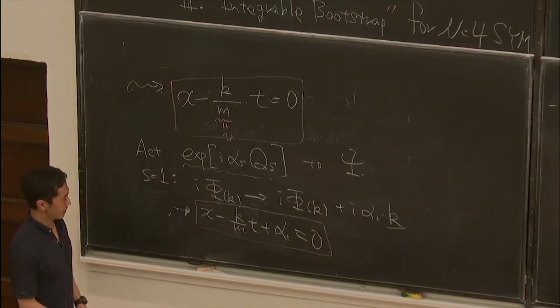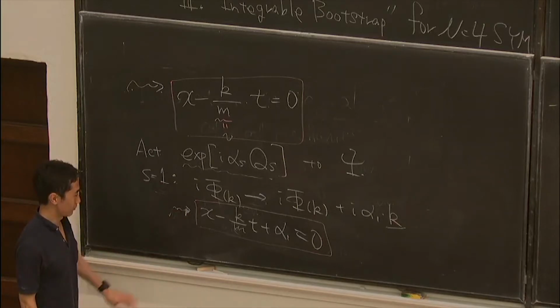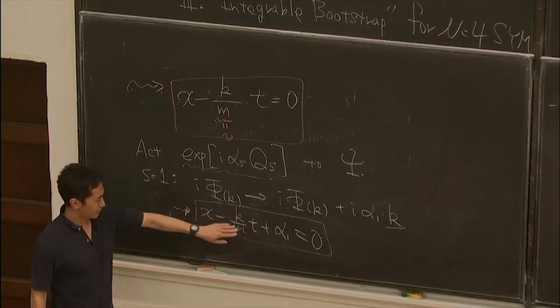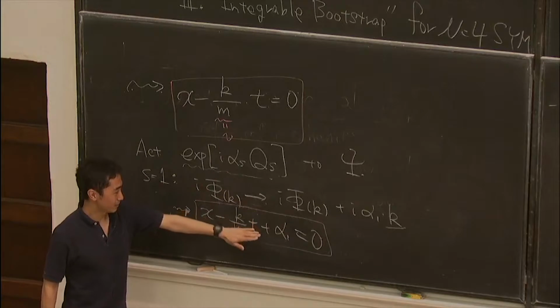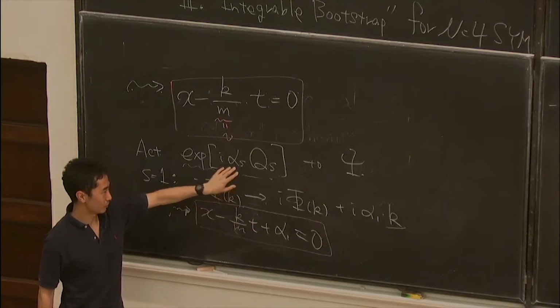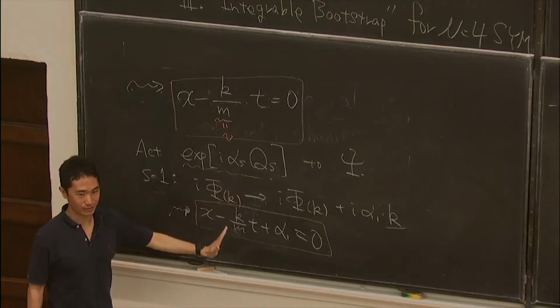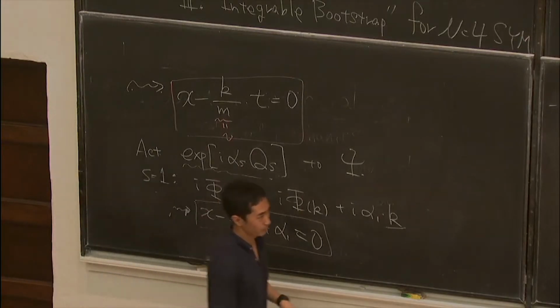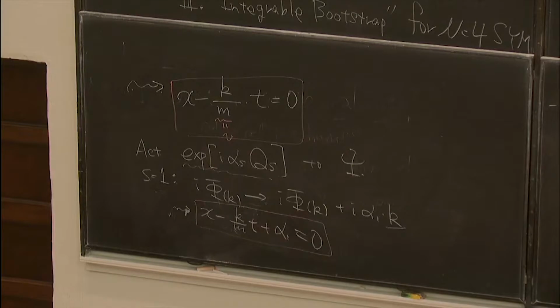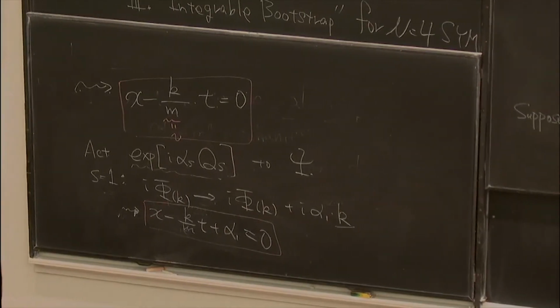But of course, this is what you expected, because what this is telling you is that the effect of the action of this charge is to shift the position by some constant amount, which is of course the physical interpretation of the momentum operator.